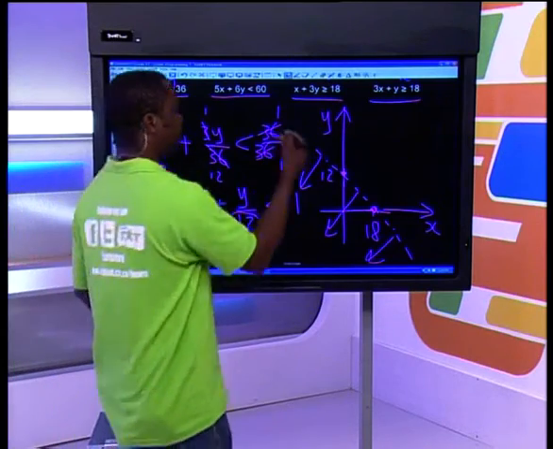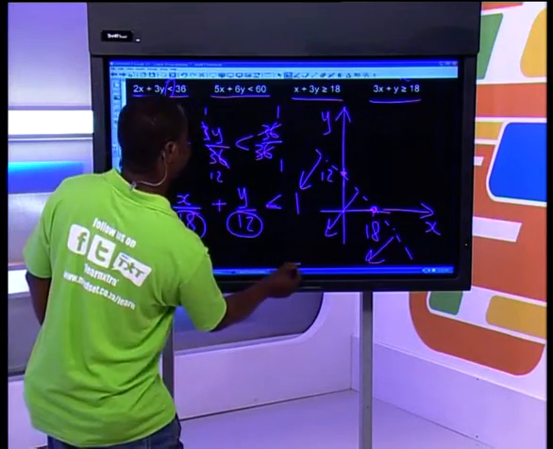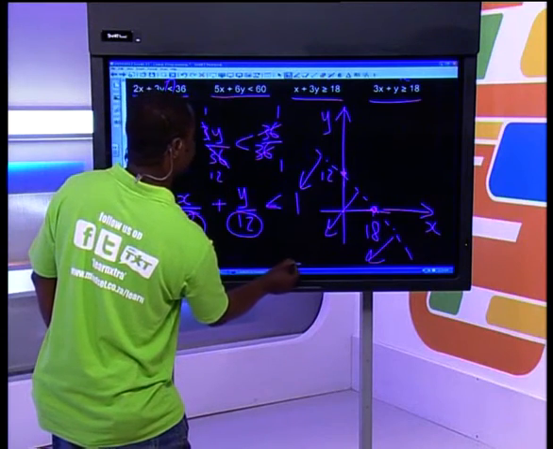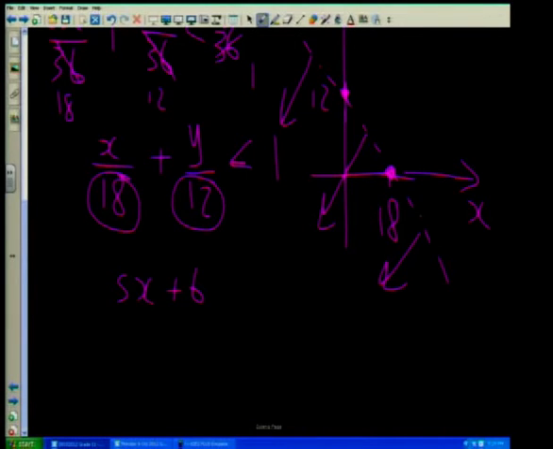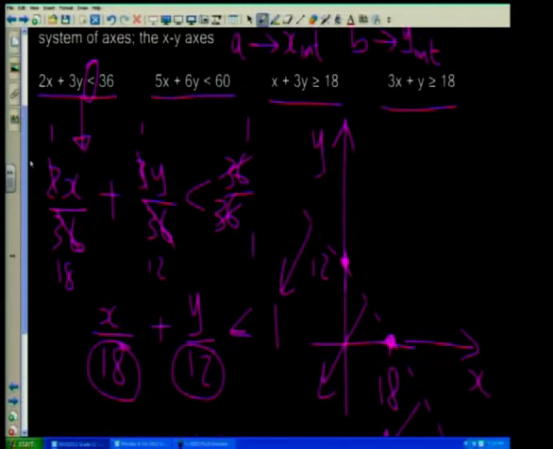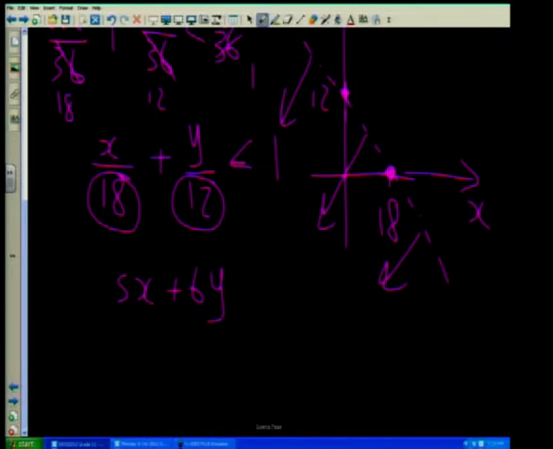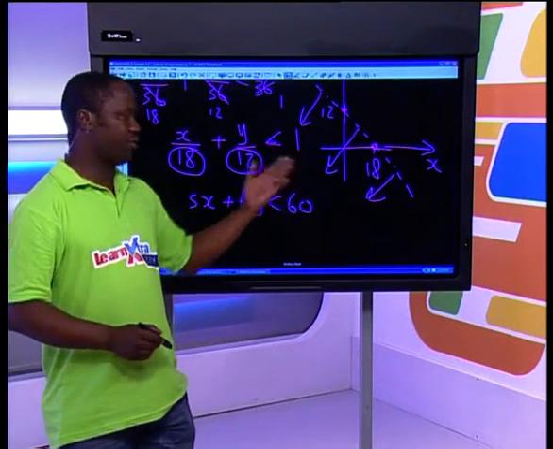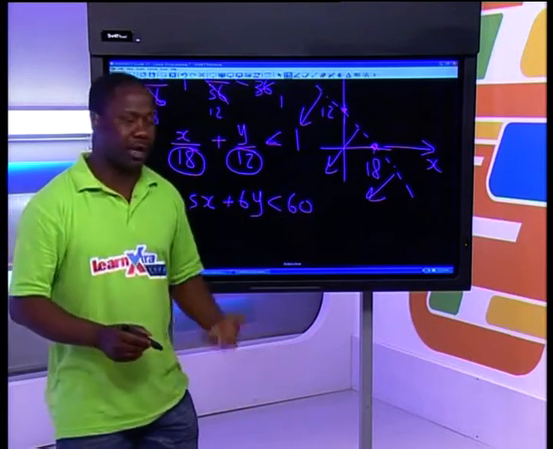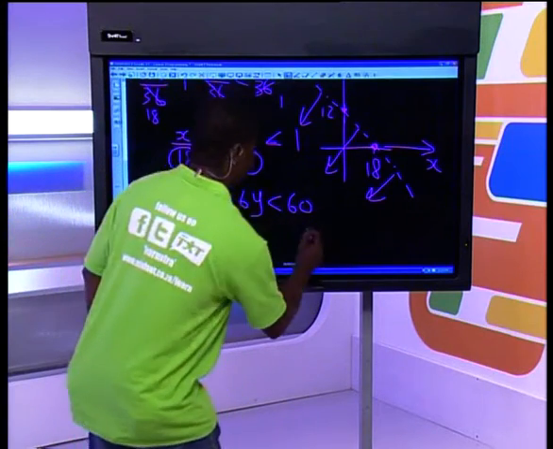All right. So obviously, the second one says 5x plus 6y less than 60. All right? What do we divide by? We divide by the constant term, which we have placed on the right-hand side of the inequality. So we divide everything by 60.